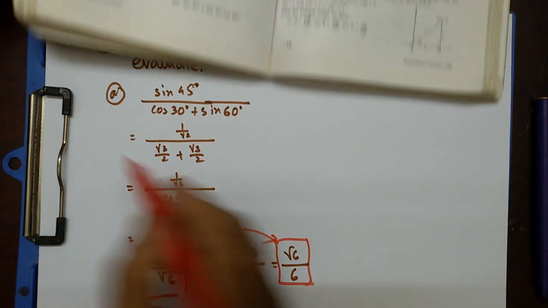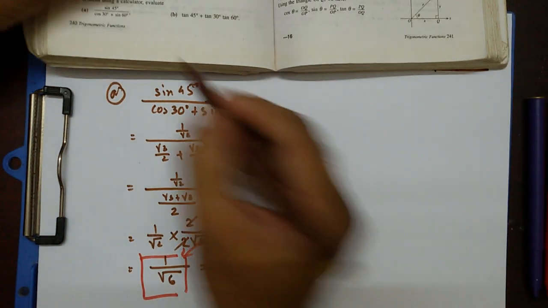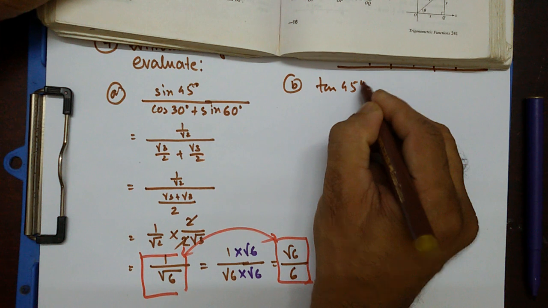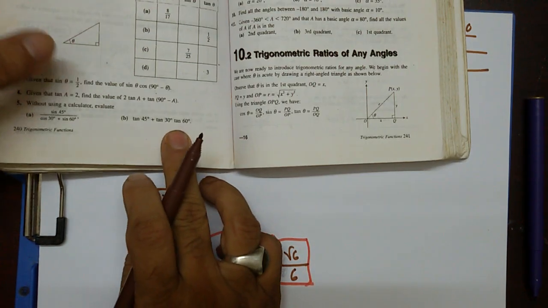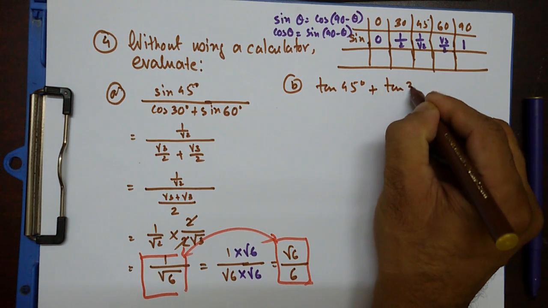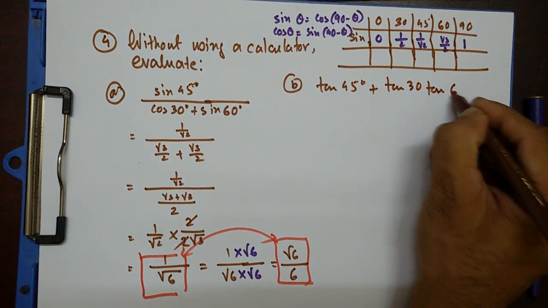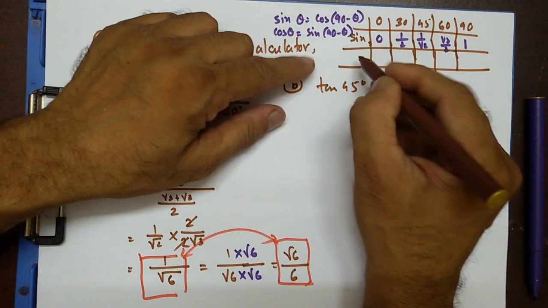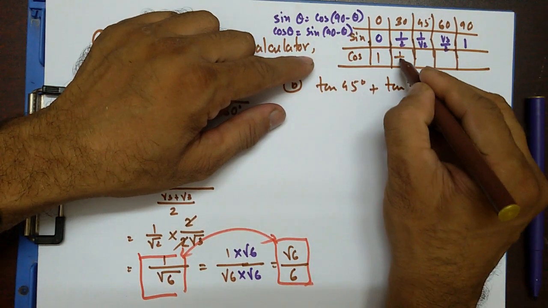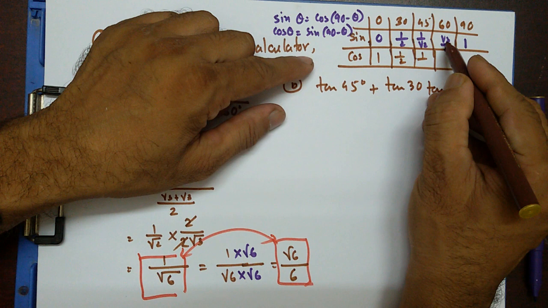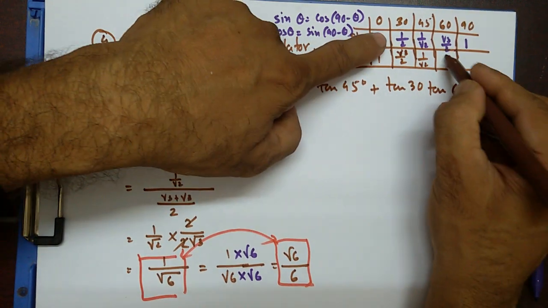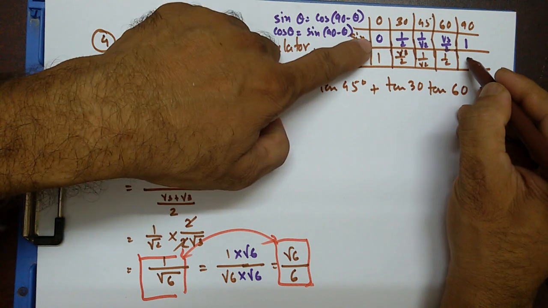All right, now this one was A, and then B says tan 45 degree plus tan 30 into tan 60. Now I need to finish this one. I don't need to, but if you don't remember, it's root 3 by 2, this is going to be 1 by root 2, this is going to be 1 by 2, and that's going to be 0.